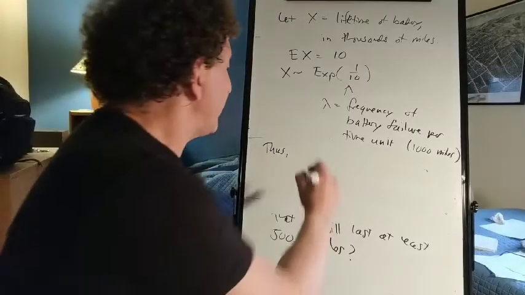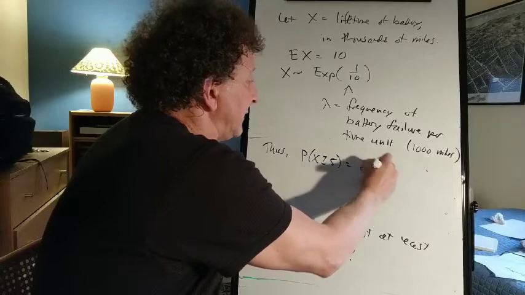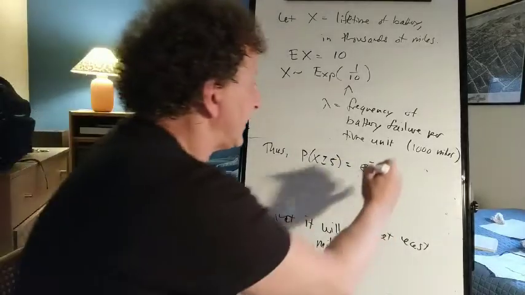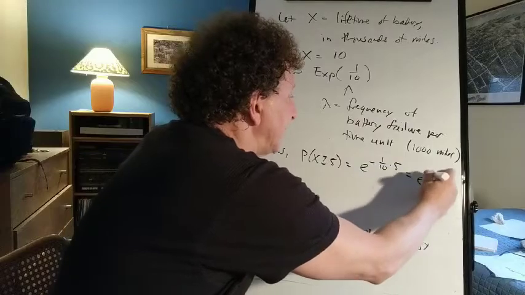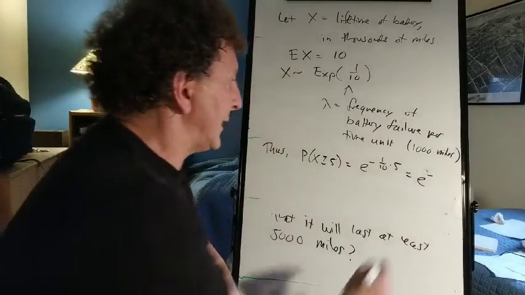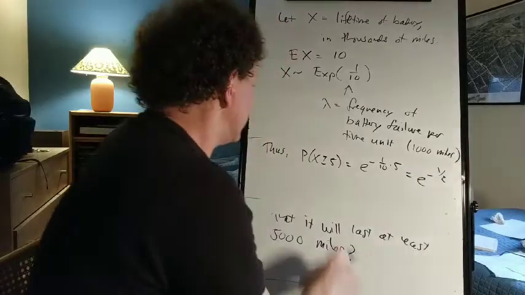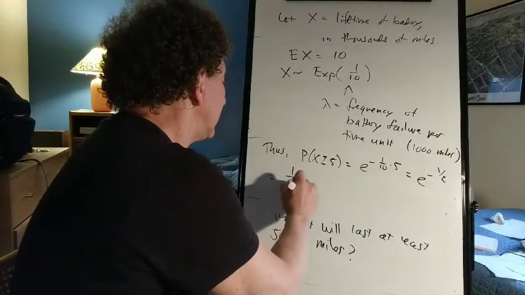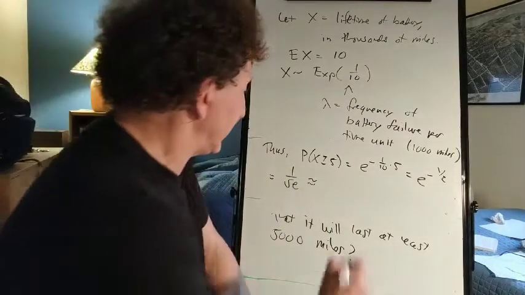So that means that the probability that x is greater than or equal to 5 is e to the minus lambda times 5, which is e to the minus 1/2, which is 1 over square root of e, which is 0.607.